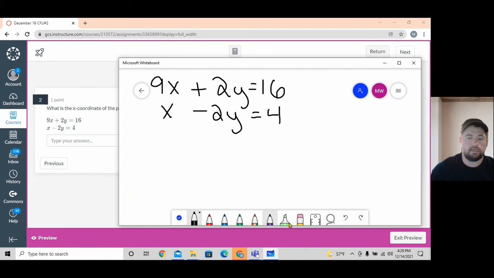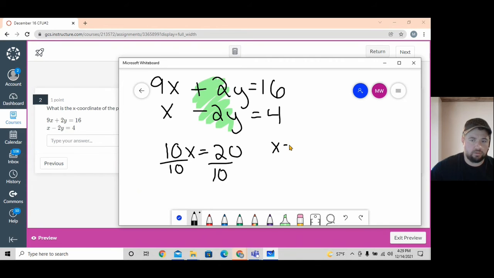What I notice immediately is that my y's are going to cancel each other out. And so I'm going to be left with 10x equals 20. Divide by 10, divide by 10, x equals 2.